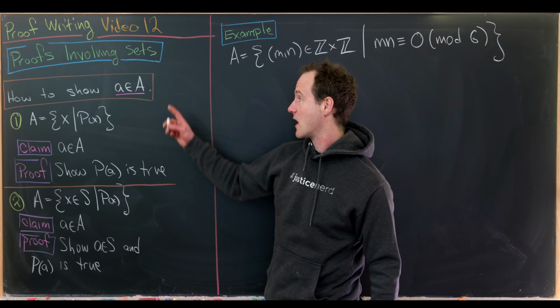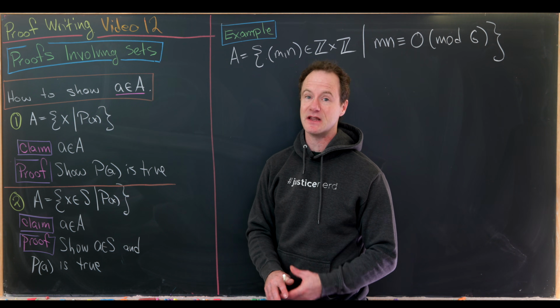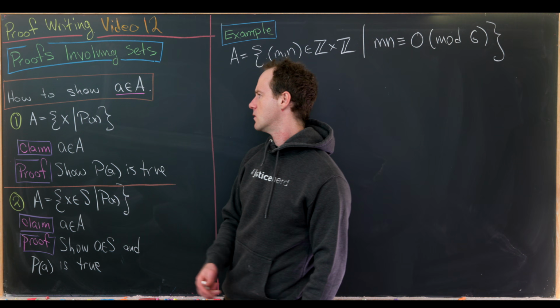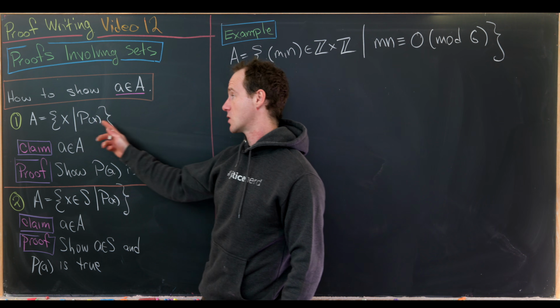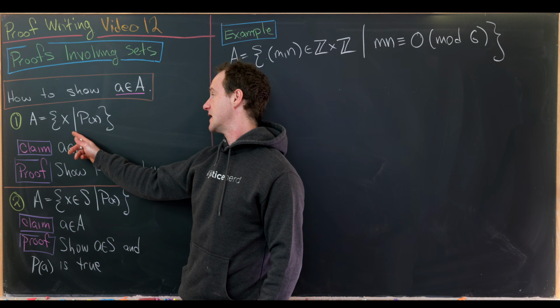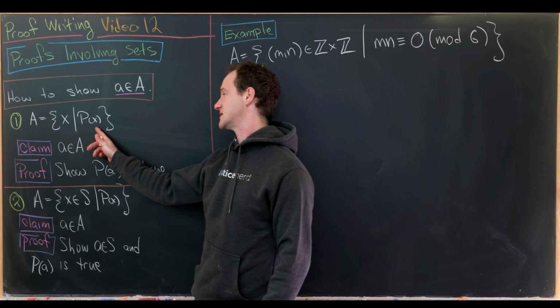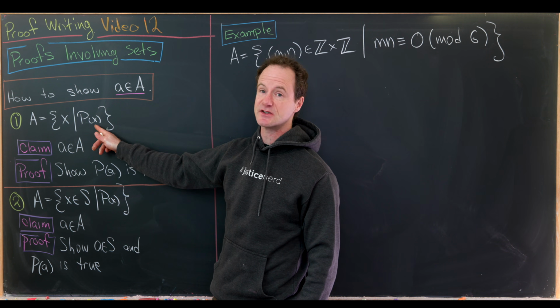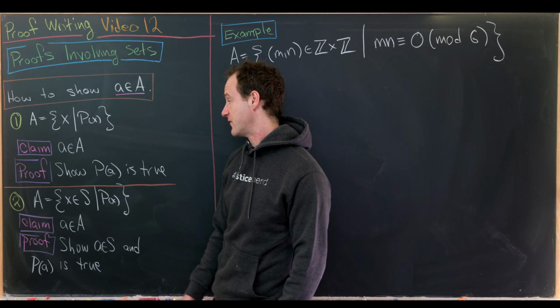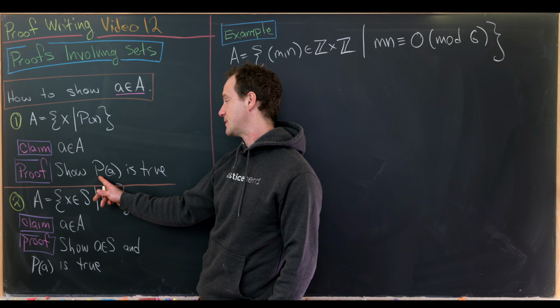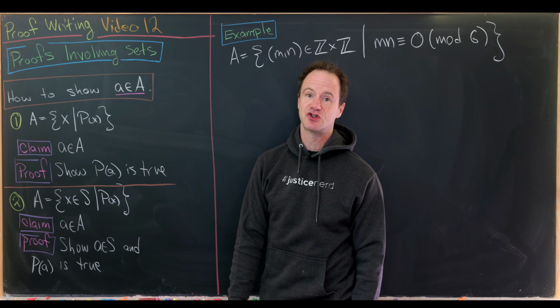So let's start with how to show that something is an element of a set. Let's say we've got a set written in set builder notation as follows. We'll call our set A, and it's built up of elements x satisfying some condition P, so P of x. There's really not much to showing that a is an element of A. All you need to do is show that P evaluated at a is true.